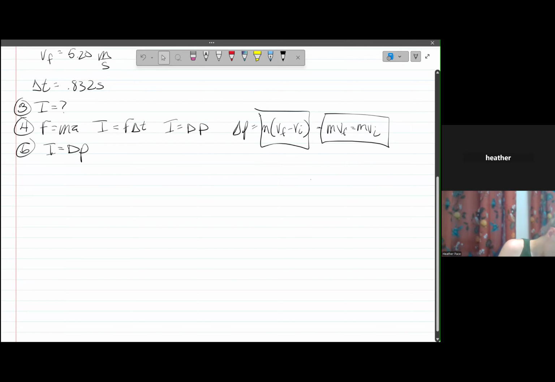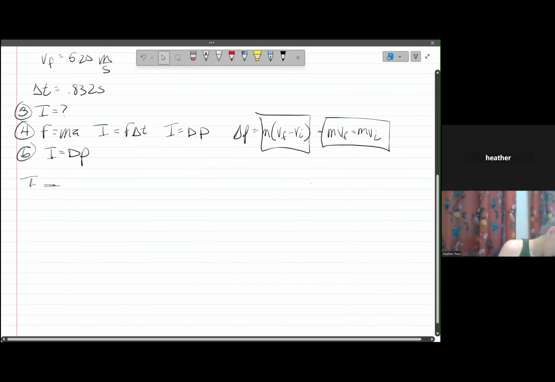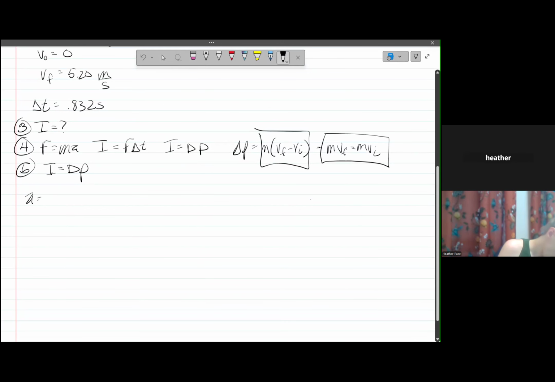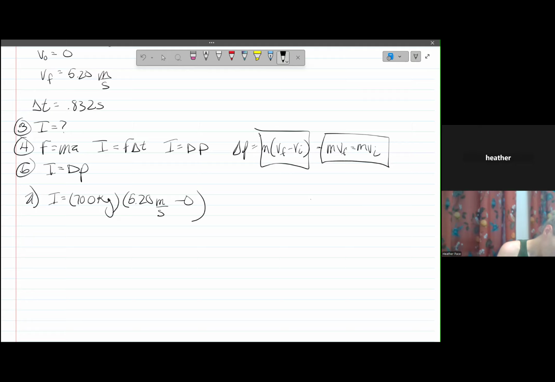So let's say this is A. I equals mass, which is 70.0 kilograms, times VF, which is 5.20 meters per second, minus 0.